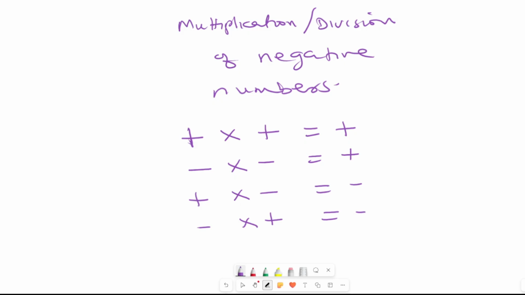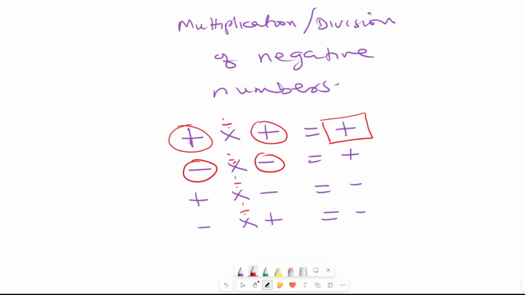Now, what is happening here? When the signs are uniform, you end up getting a positive outcome. So it doesn't matter whether it's positive or negative. This is also valid for division, by the way. The signs are uniform.